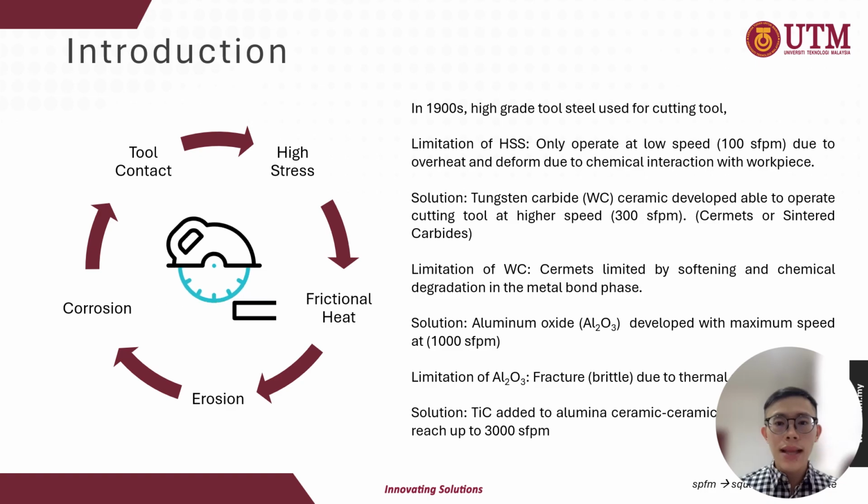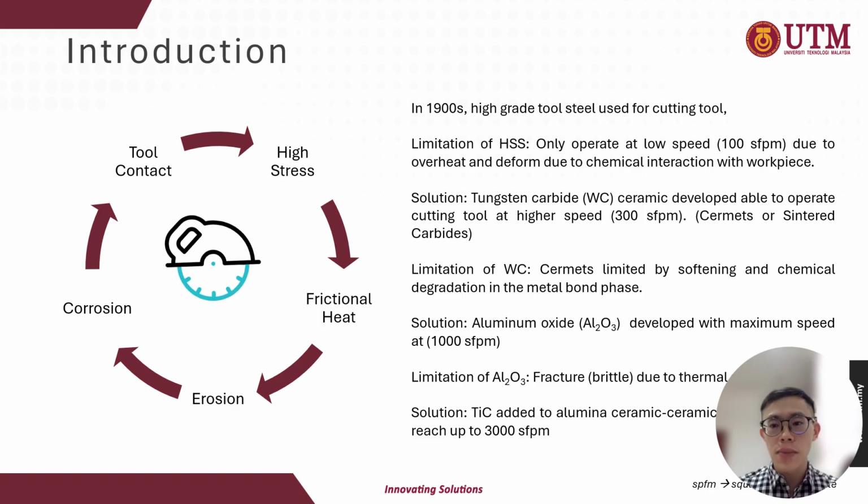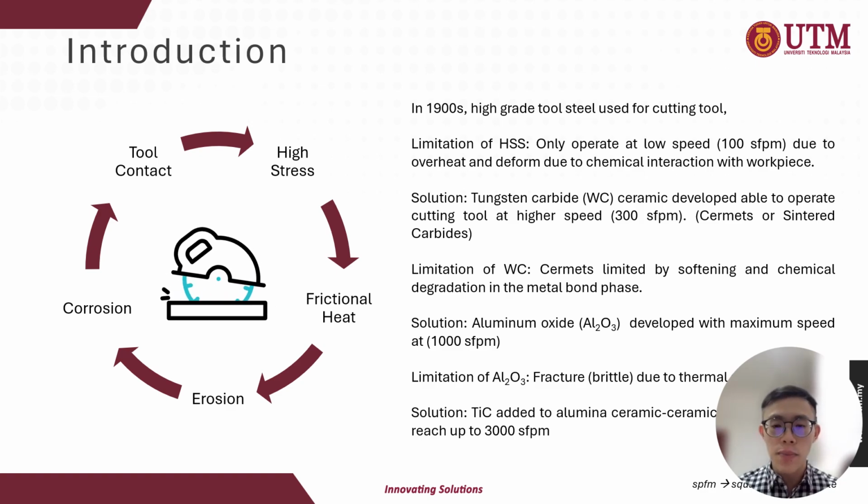In the 1990s, high-speed steel was usually used for the cutting tool, but its limitation is that it only operated at a low speed, that is 100 square feet per minute, due to overheating and deformation from the chemical interaction between the cutting tool and the workpiece.